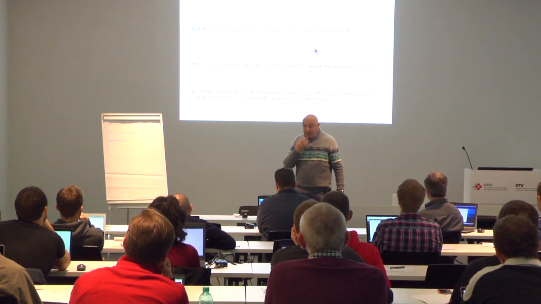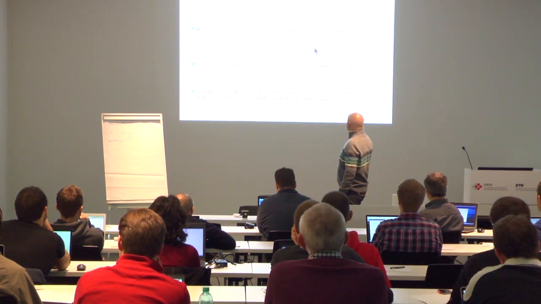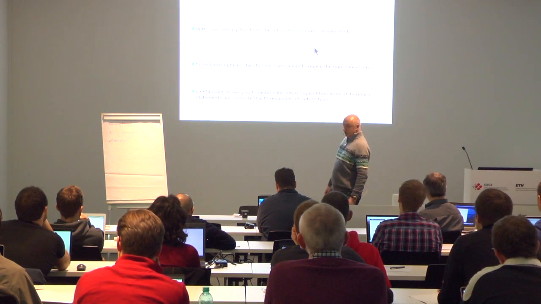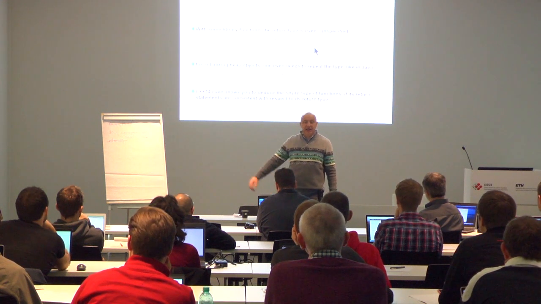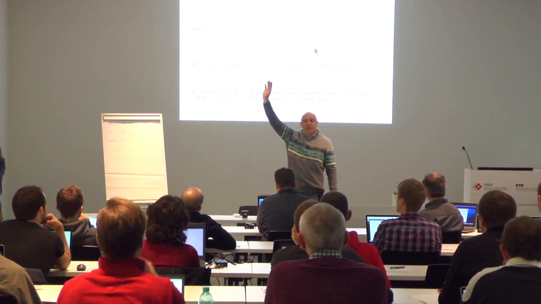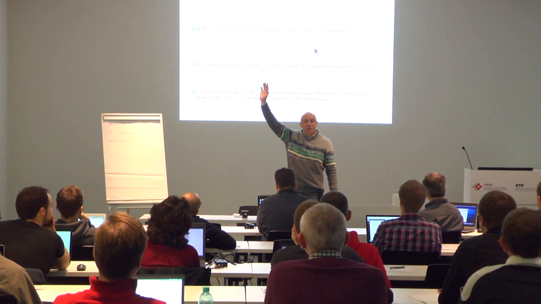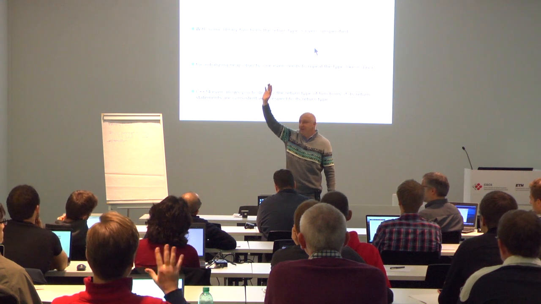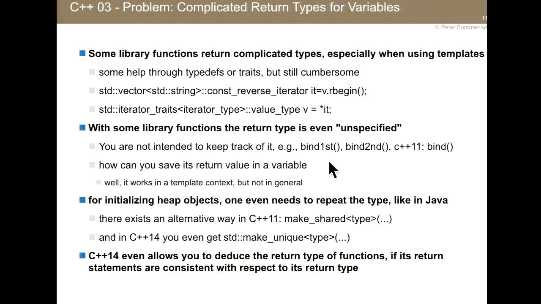And sometimes you have library functions like the function binders, boost::bind, or in C++11 you now also have bind, or bind1st, bind2nd. Anybody used bind1st, bind2nd so far? Anybody used the function binder boost::bind? Okay, we have something to teach you. Someone might have heard about that.